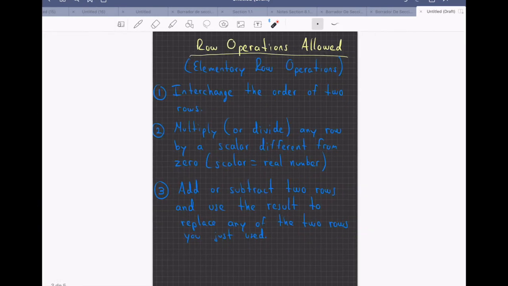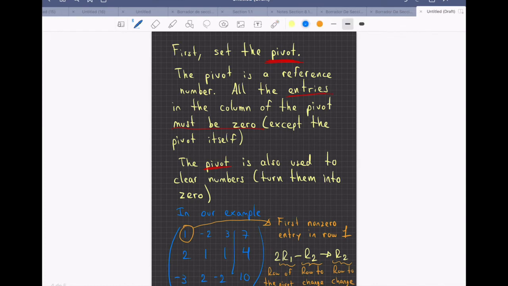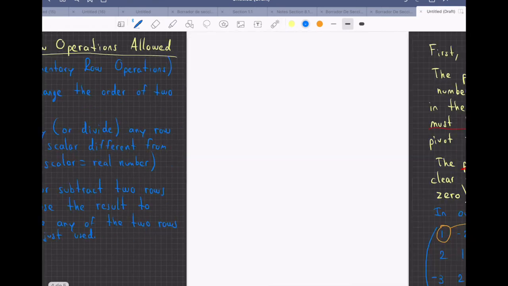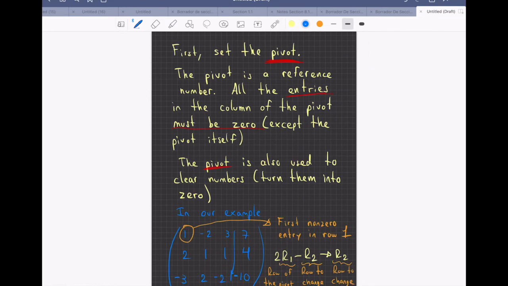I'm sorry. Be careful with that, because a little mistake when you put the numbers and everything is going to be wrong. So I think it's correct.